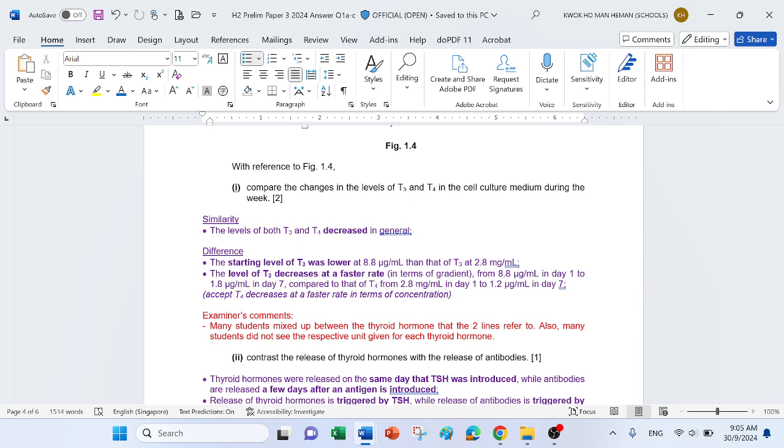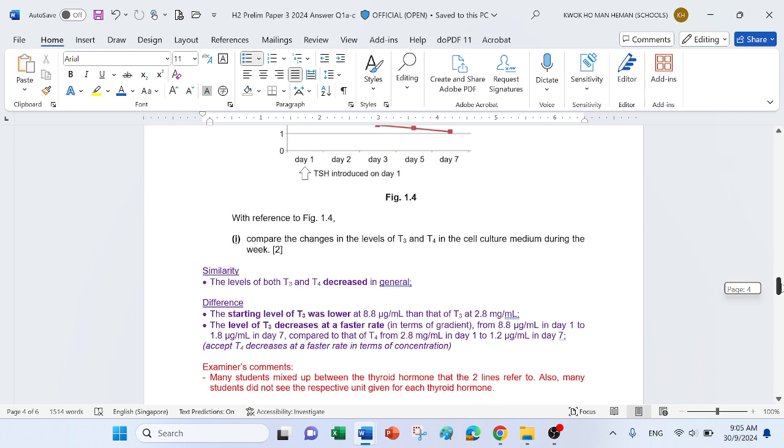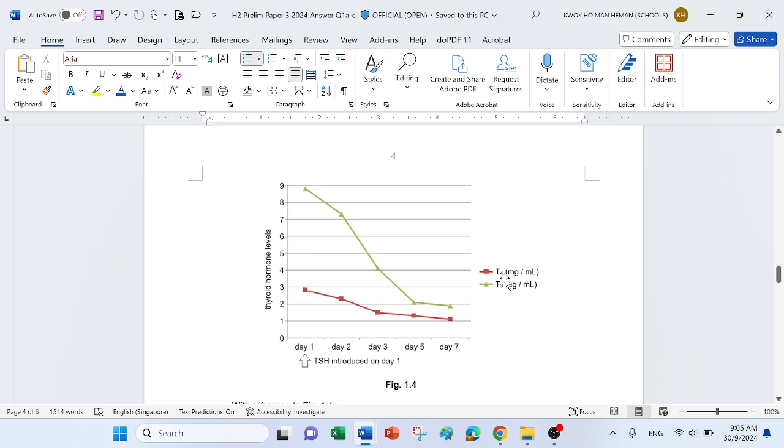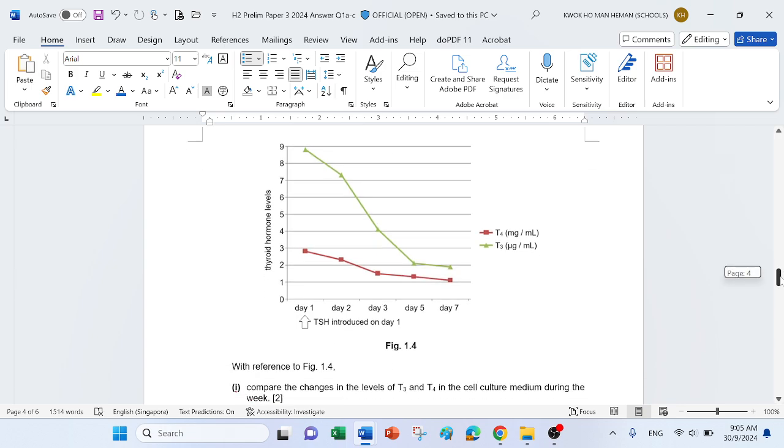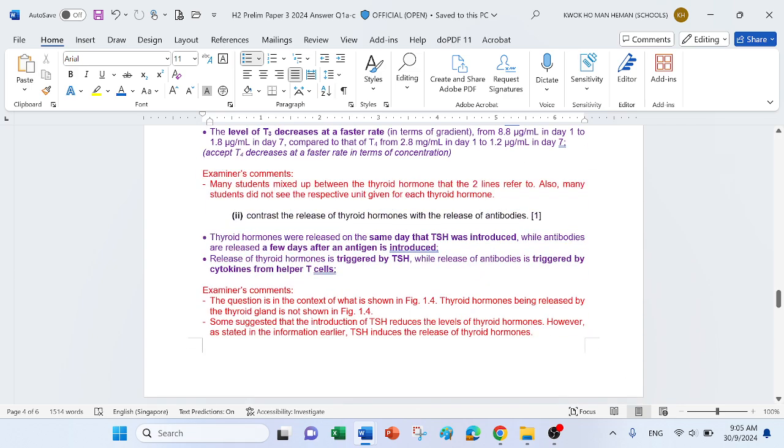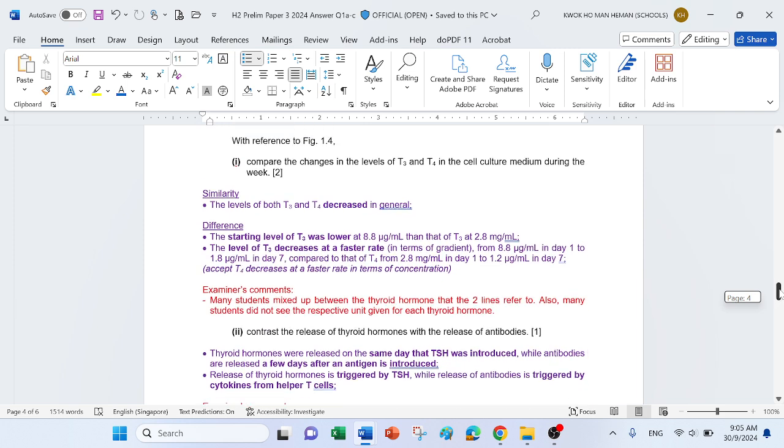I have given it to you, right? So this graph is made more complex because of a difference in the unit, right? So if such thing is given in the A level, you open your eyes and interpret the graph accordingly, right, with the different units. Okay, then for part 2, it's still with reference to the figure, with reference to figure 1.4.